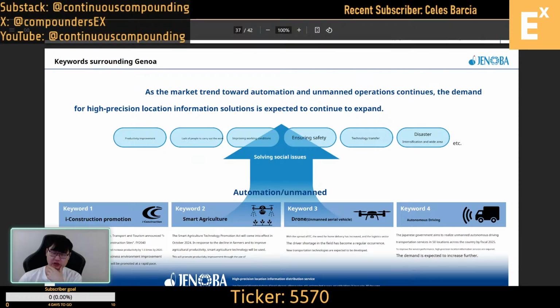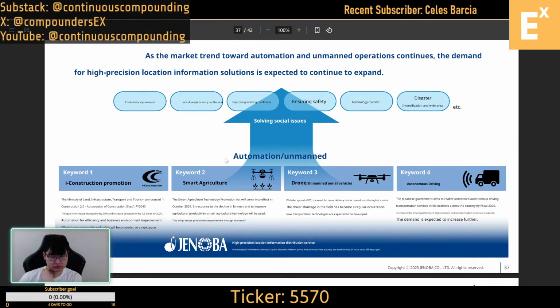As the market trend towards automation and unmanned operation continues, the demand for high precision location information solution is expected to continue to expand. The Ministry of Land, Infrastructure, Transportation announced iConstruction 2.0 automation of construction sites. The goal is to reduce manpower by 30% and increase productivity by 1.5 times by 2020.